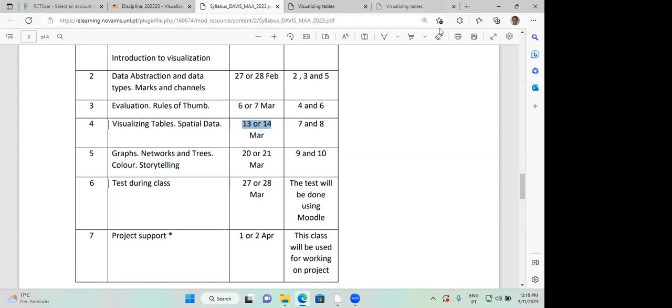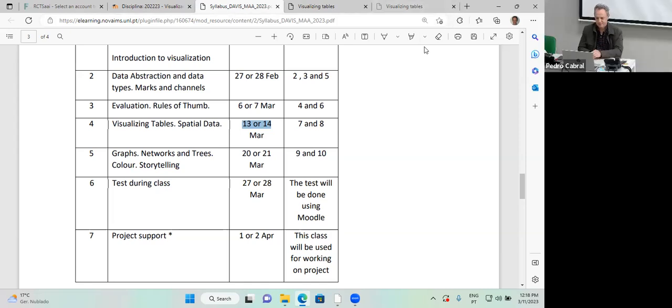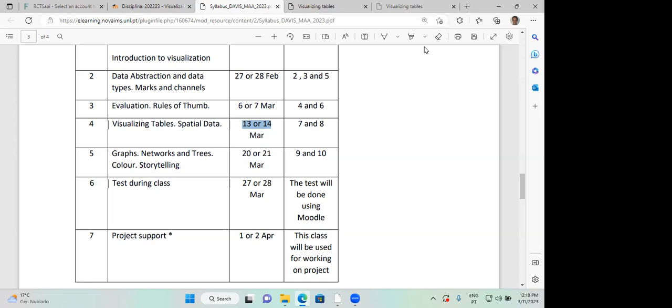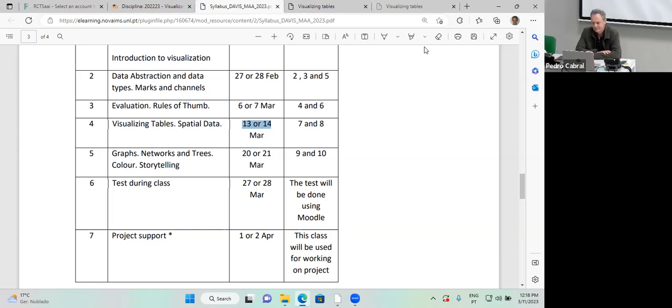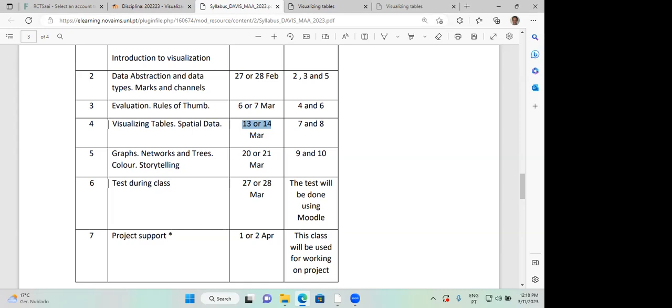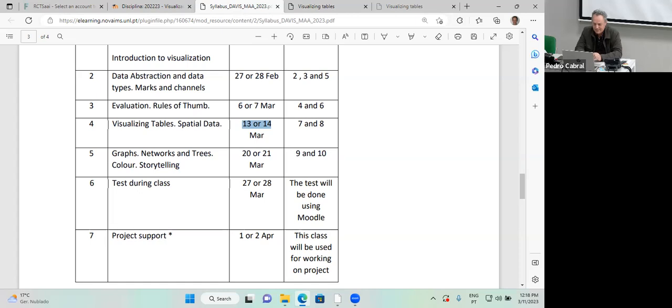Good. I have another small question. If I do a dashboard instead of graphs one by one, would you accept it? It can be a single chart if you want.